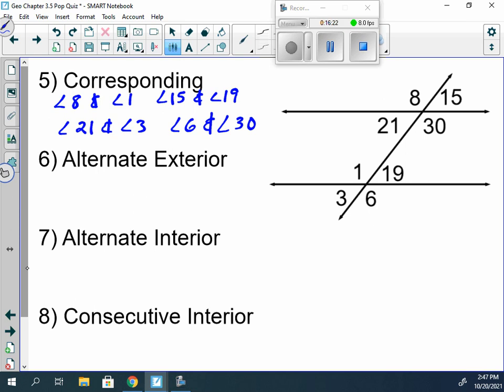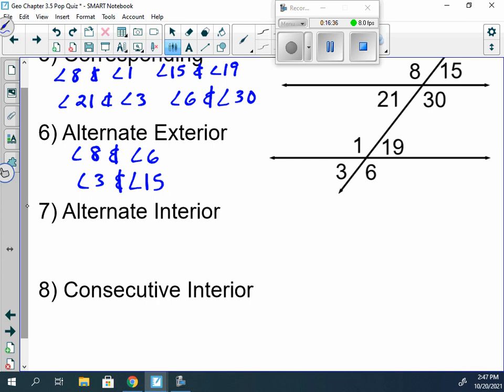So if we look at angle 8 and, yes, and then angle 3 and 15. Alternate interior, so interior is going to be between the lines and on opposite sides of the transversal.